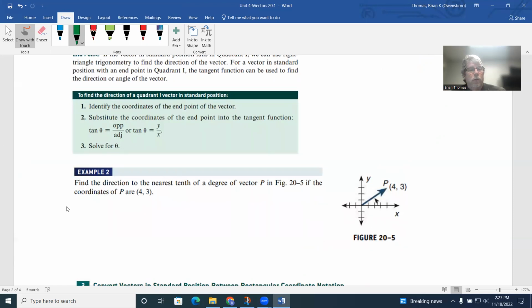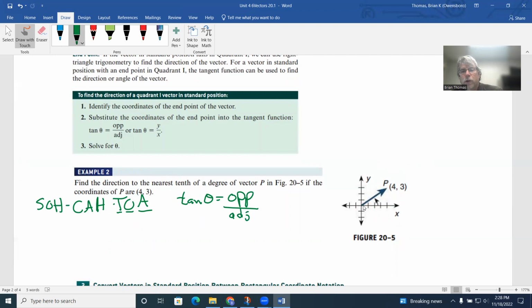So remember, we have SOH CAH TOA. Notice how TOA is tangent, opposite over adjacent. So the tangent of an angle is going to equal the opposite over the adjacent. Remember, the angle has to be the acute angle.